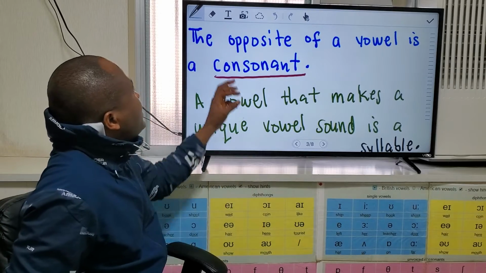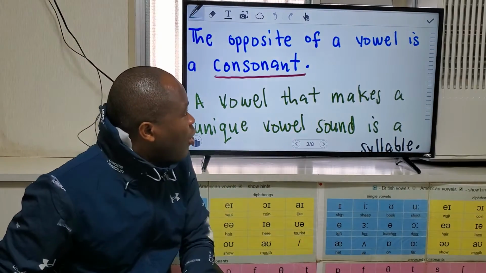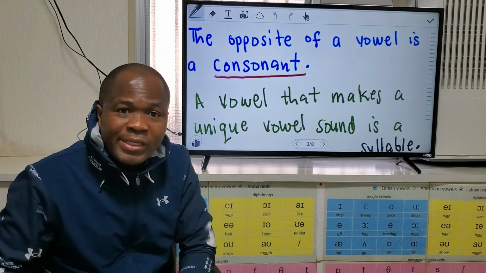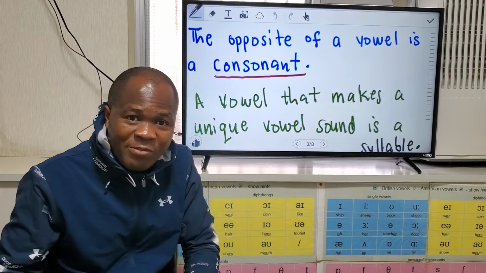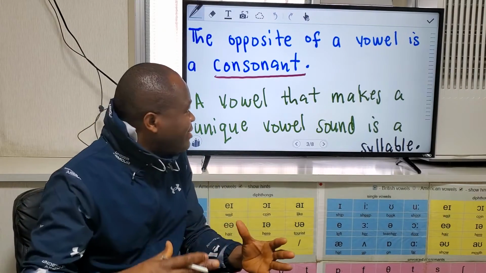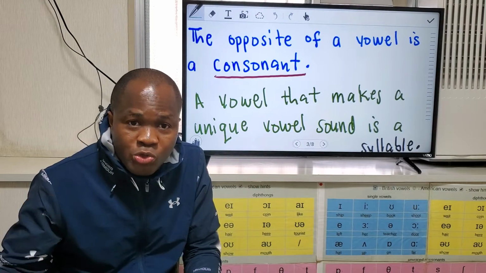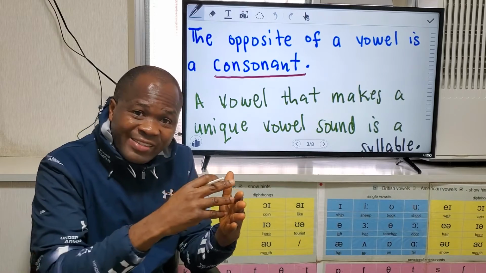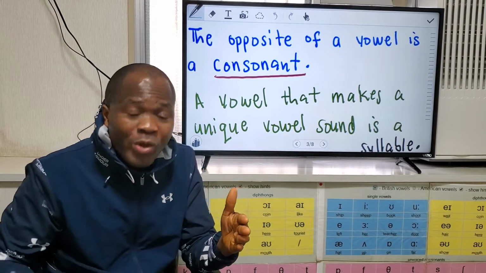Now we say that the opposite of a vowel is a consonant. We have 26 letters of the alphabet, and when the 5 letters A, E, I, O, U are taken out of the 26 letters, we are going to have 21.